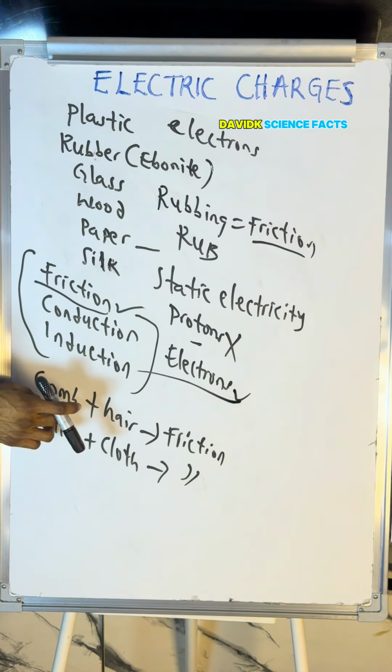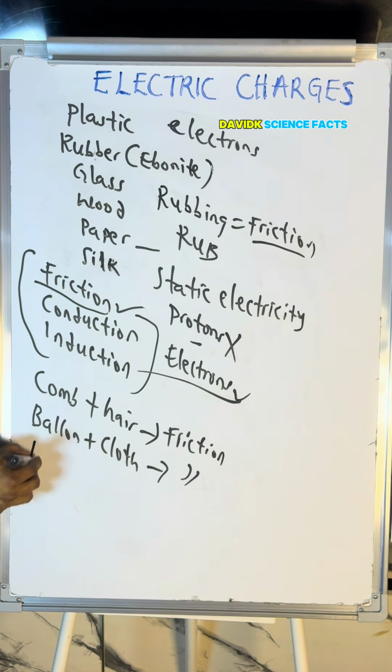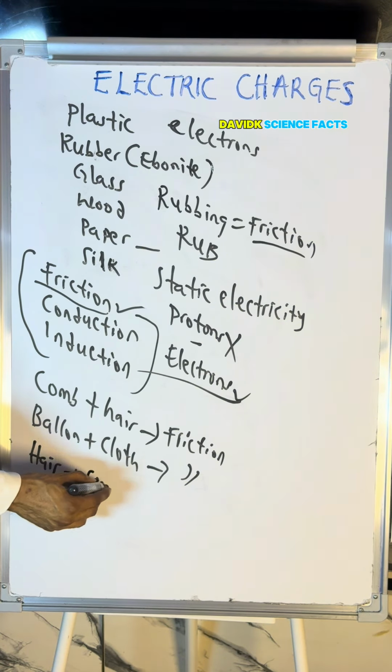Now, I'm going to talk about this comb and hair rubbing. What happens when you comb your hair? You can pick up your plastic comb. Let's do this together. What happens when you rub a plastic comb on your dry hair? Electrons move from the hair to the comb.